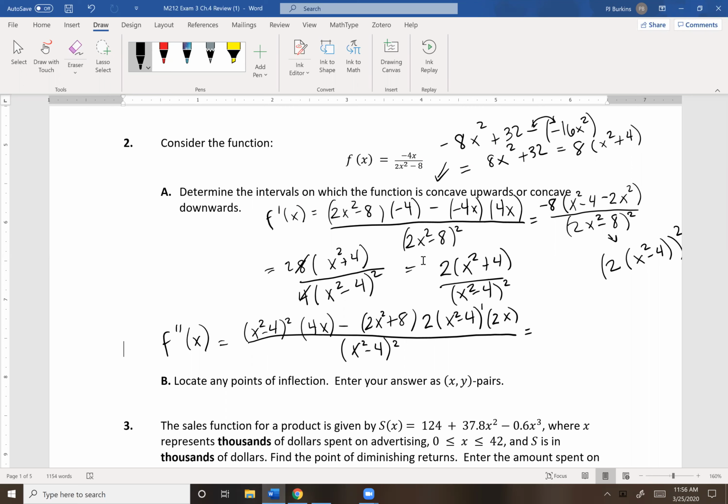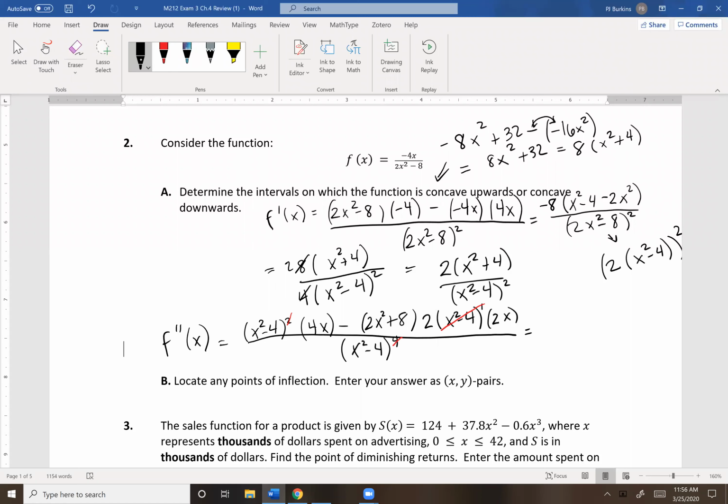So now, try and simplify this. This actually has to be fourth. Okay, so notice we've got x squared minus 4 in this term, x squared minus 4 in this term. I'm going to cancel one of those, that one, and one of these.